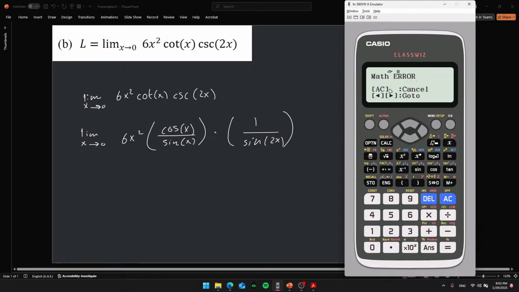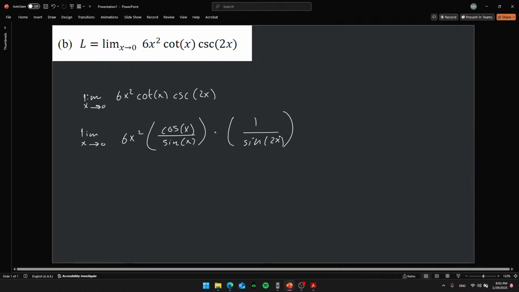Calc 0. Yep, math error. So we have to solve it algebraically and find a way to substitute 0 without having any issues.